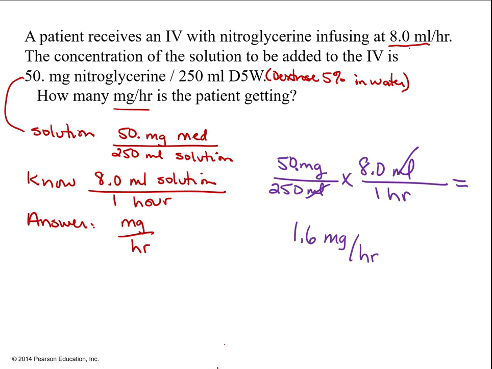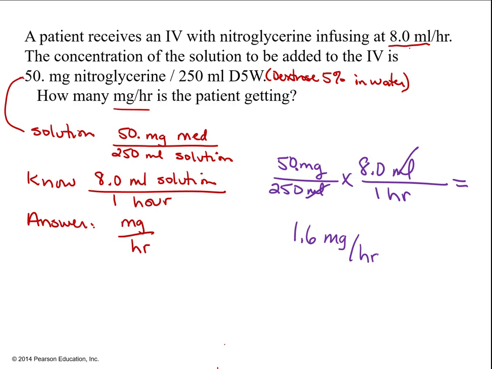Setting it up and keeping track of your units this way helps you make sure you're multiplying when you should and not dividing. Always track with those units, and you'll know your answer has the right units and you're doing the math right. So 50 times 8 divided by 250 comes out as 1.6.